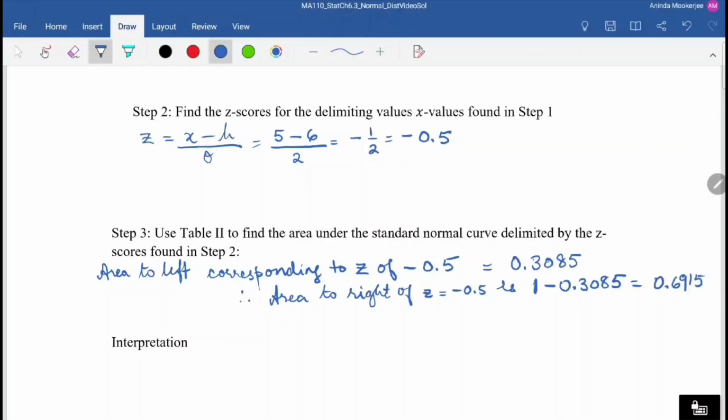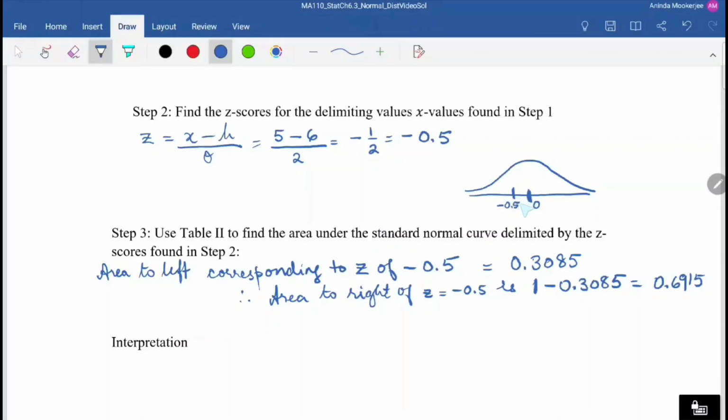which is equal to 0.6915. And I'm going to illustrate this with a picture again. So here's our standard normal curve. This time it'll be all in terms of z. So the center point is going to be marked as 0, and then the z value pertaining to an observed value of 5 would be negative 0.5, which is slightly to the left of 0.